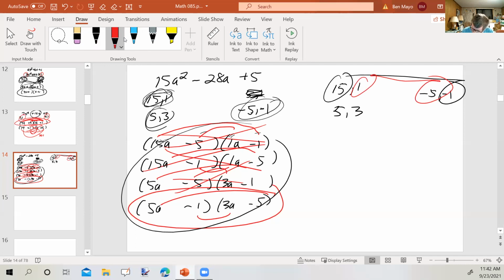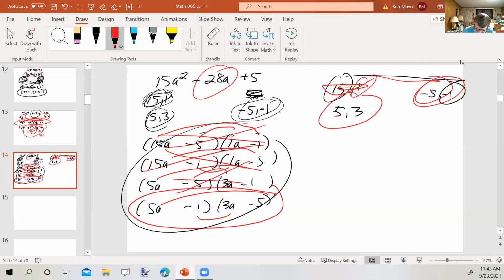Well, 15 times negative 1 is negative 15. 1 times negative 5 is negative 5. Negative 15 plus negative 5 is negative 20. That's not giving us that either. Okay, so that means this doesn't work with these. So it's got to be this.